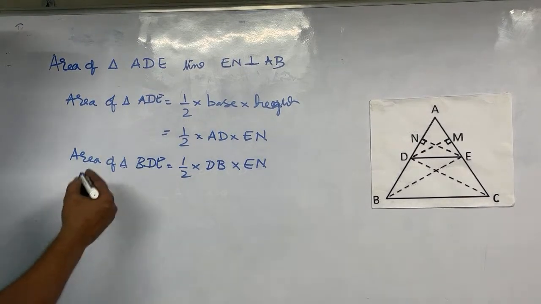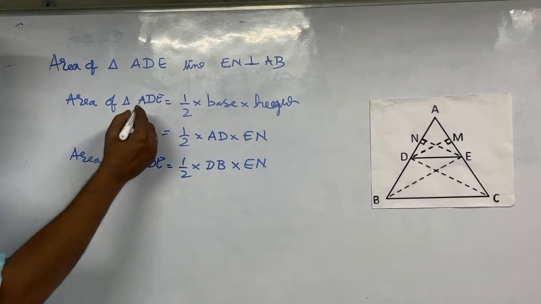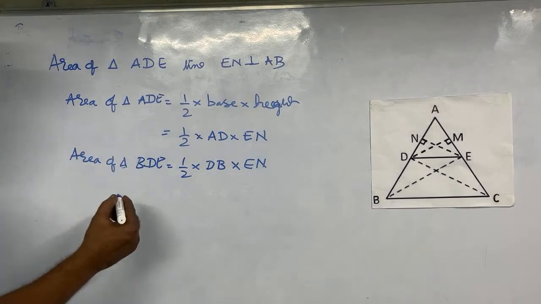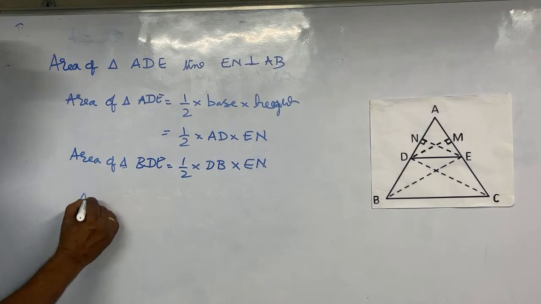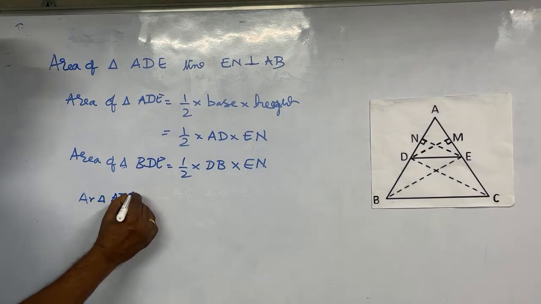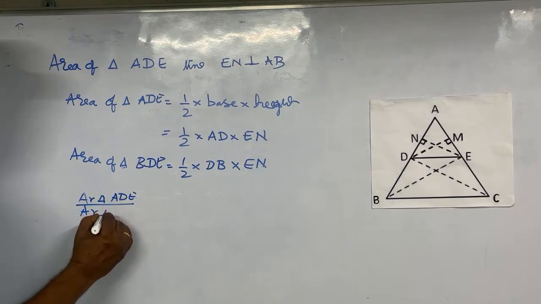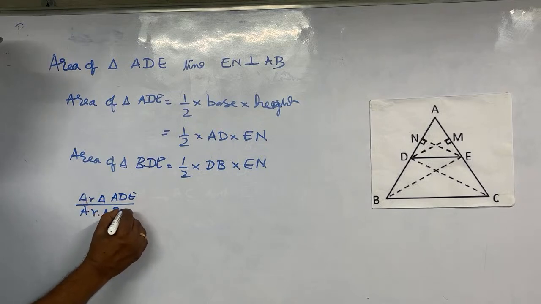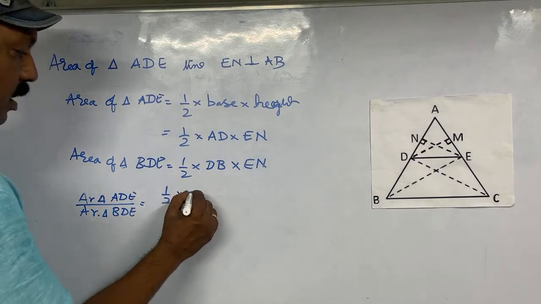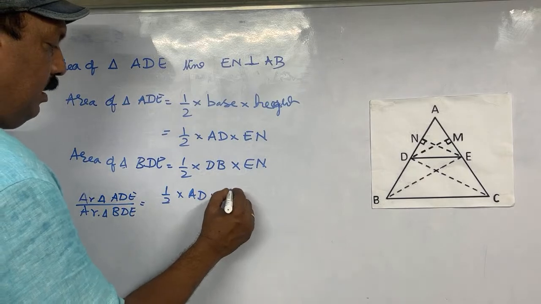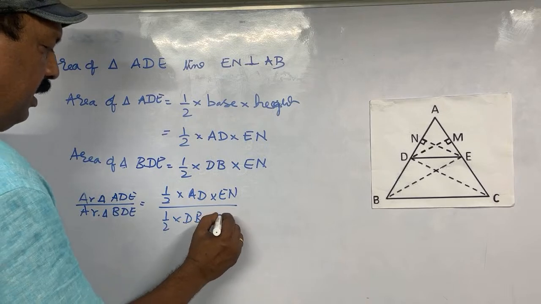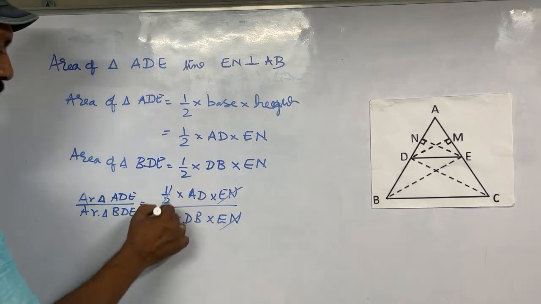Now we are taking the ratio of these two triangles. What are the two triangles? Because in similar triangles, you always have to compare two triangles, as I told you. I am taking the ratio of the area of the triangle ADE by the area of the triangle BDE. So here it is half into AD into EN by half into DB into EN. Here EN cancels, and half cancels.